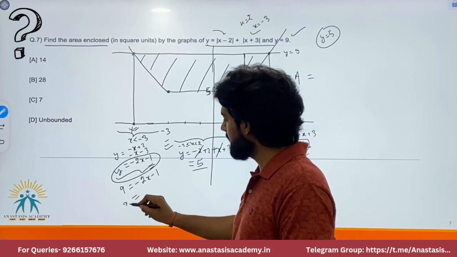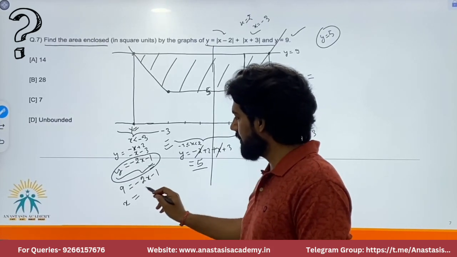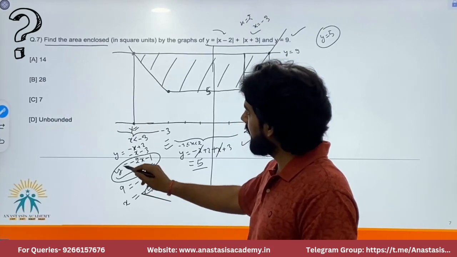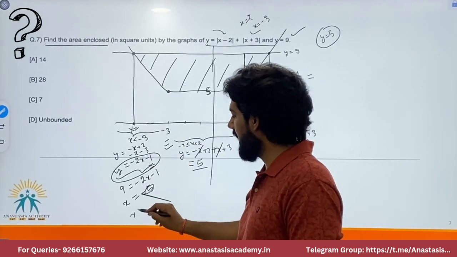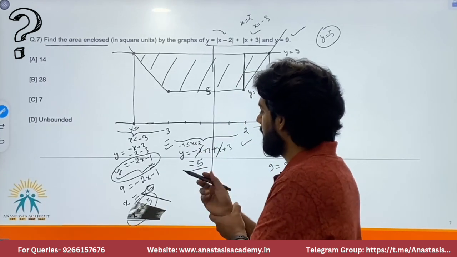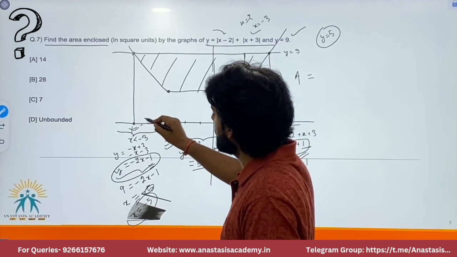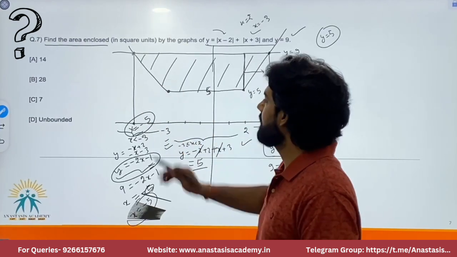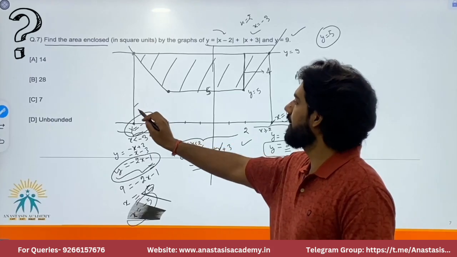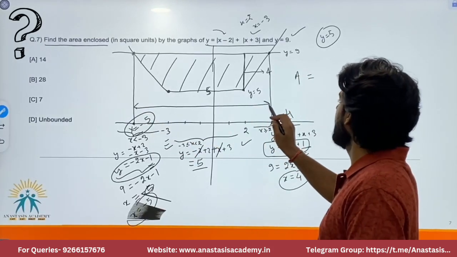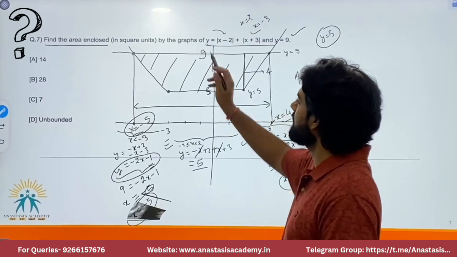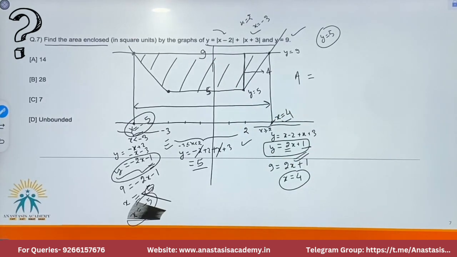From here, x is equal to minus 10 over 2, which is minus 5. So x equal to minus 5, y is 9. From x equal to minus 5 to x equal to 4, the distance is 9 units. So the length of this side is 9 units.